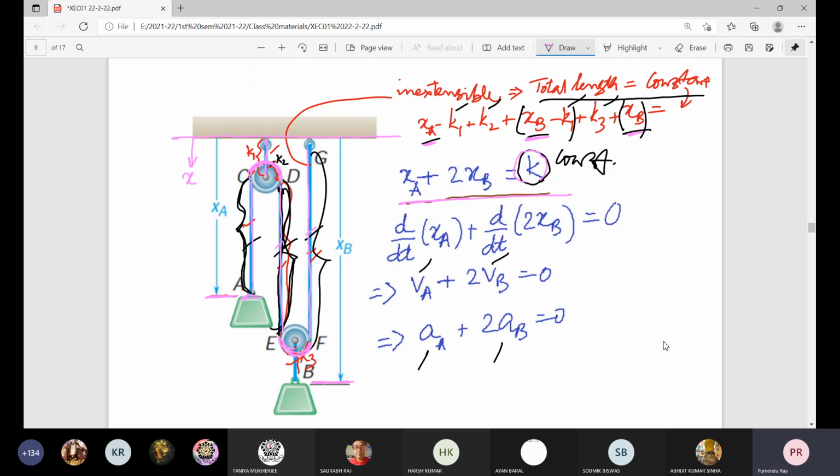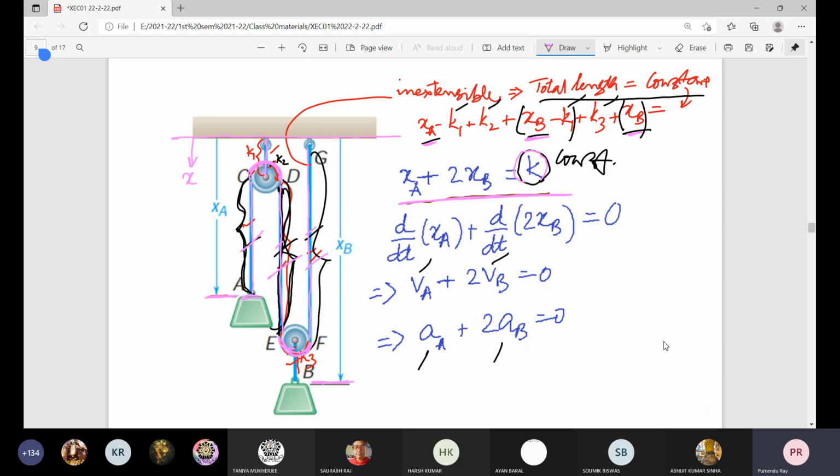In this way, they are connected: one xA distance, including so many constant things, plus two xB distances, including and subtracting other constant lengths. This is the basic relation that we must understand.